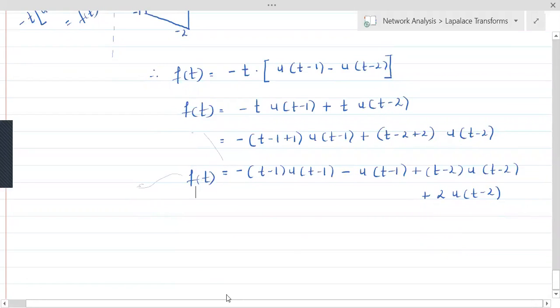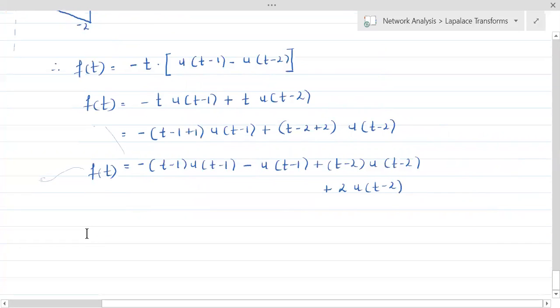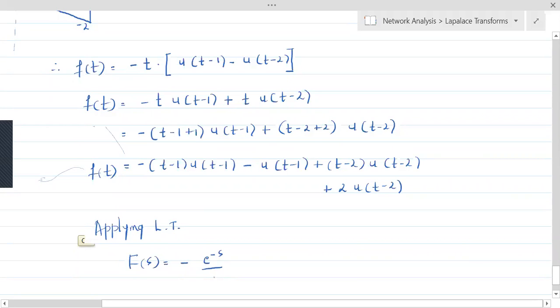Fine. So how does it look? Everybody do that. Applying Laplace transform implies f of s is equal to minus e power minus s divided by s square.